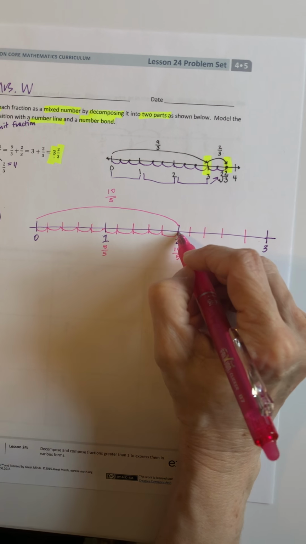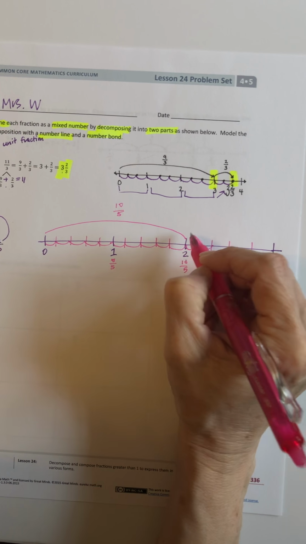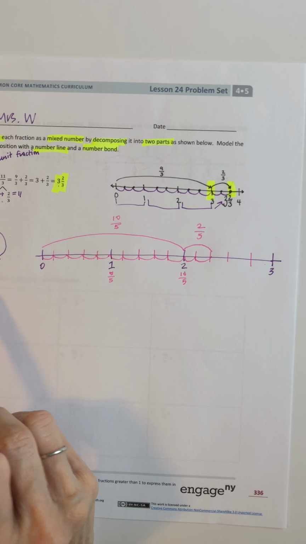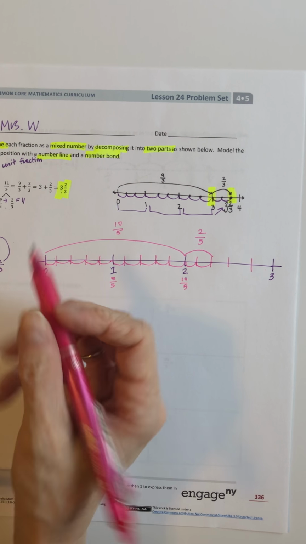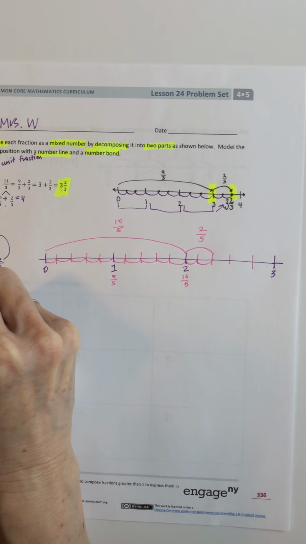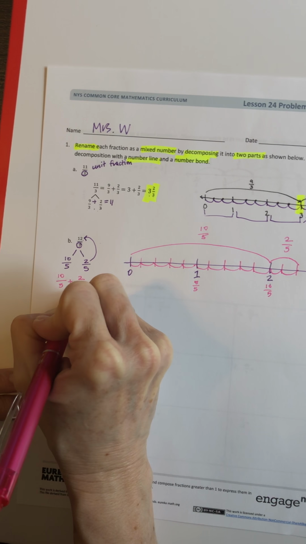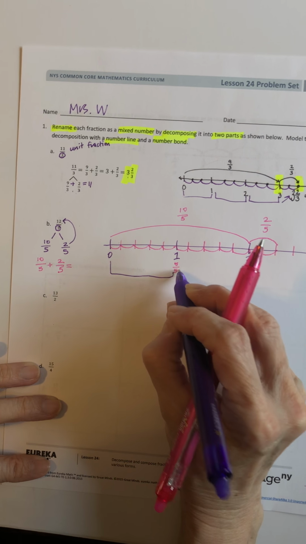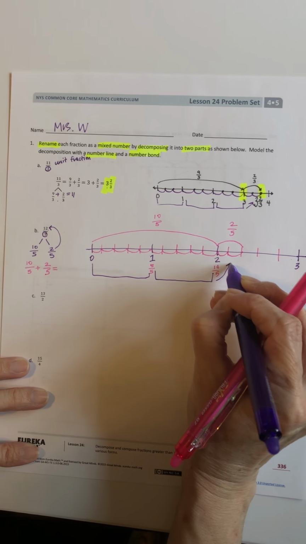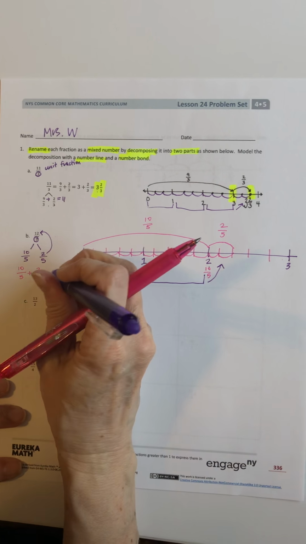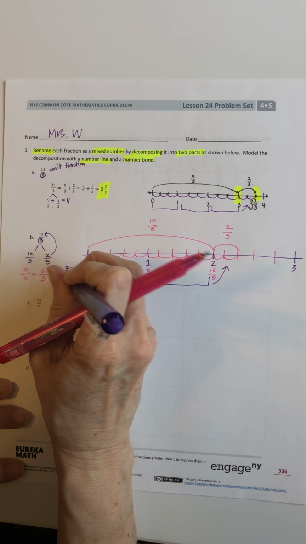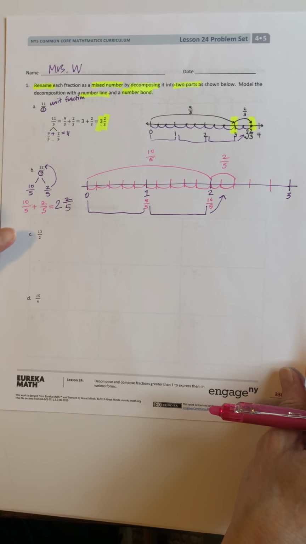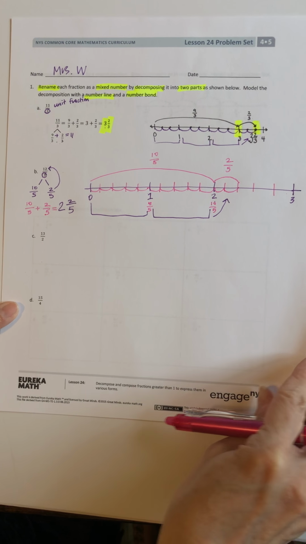And 2 more jumps, 1, 2, gets us our extra 2 fifths. Now we have 10 fifths plus 2 fifths equals, everybody, 1 whole, 2 wholes, plus the extra 2 fifths, becoming 2 wholes and 2/5. And if you will pause your video now, you can complete C and D.